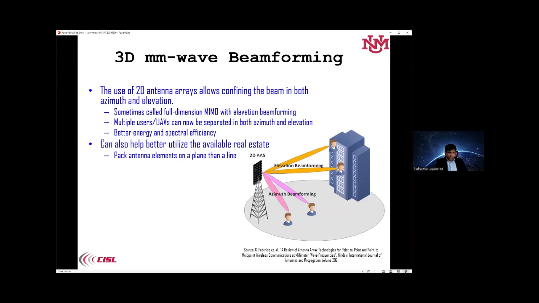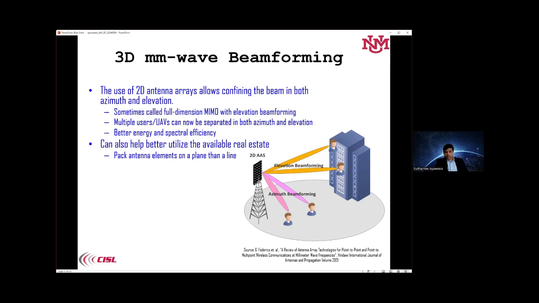Now, in the case of 3D millimeter wave beamforming, you use planar or two-dimensional antenna arrays, and this allows you to now control the beam in both azimuth and elevation directions. So as you can see, you can now separate the beams not only along the azimuth direction but also the vertical direction.